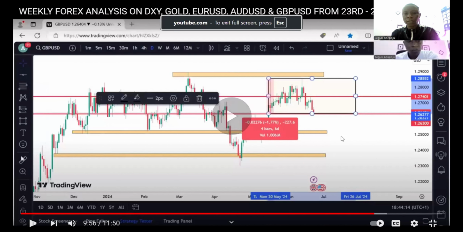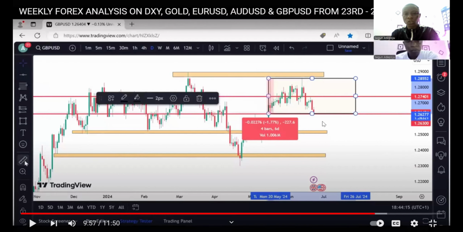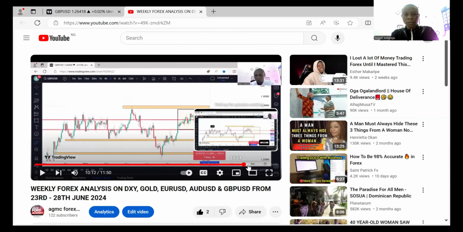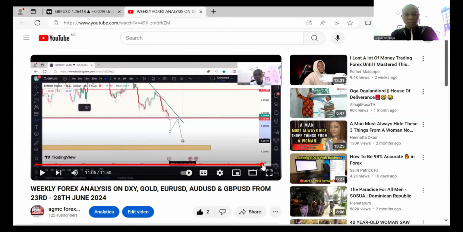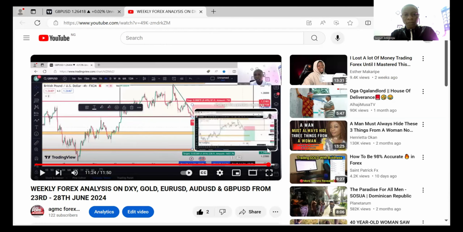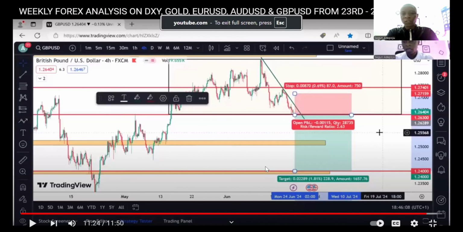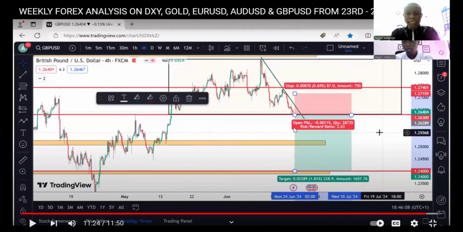This is my analysis for last week. I know you still remember I said if the market breaks this level, which is 1.2630 that day, we still expect the market to sell.